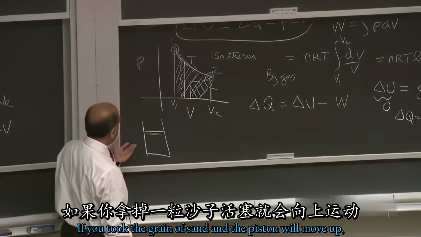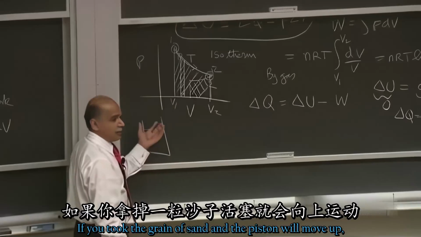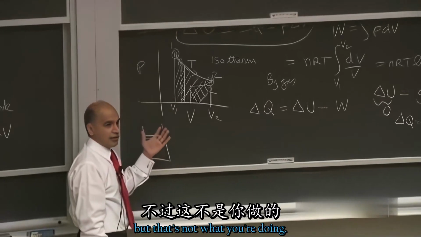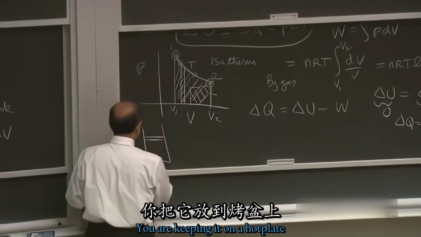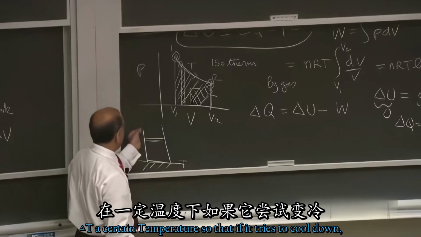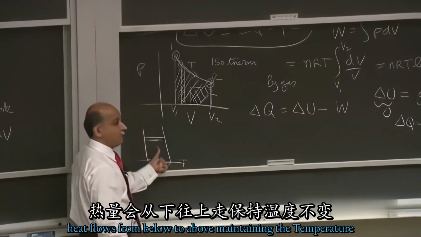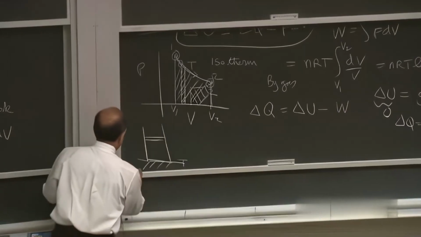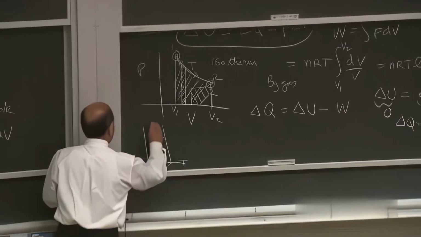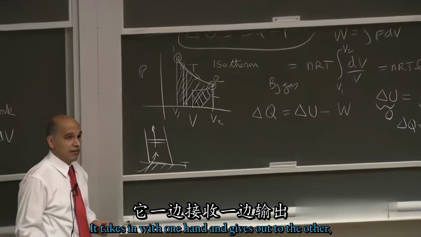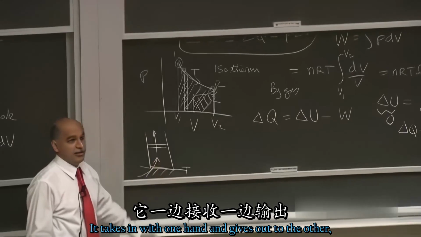If you took the grain of sand, the piston will move up, it will do work and it will cool down. But that's not what you're doing. You are keeping it on a hot plate at a certain temperature so that if it tries to cool down, heat flows from below to above, maintaining the temperature. So what the gas is doing in this case is taking heat energy from below and going there and working against the atmosphere above. It takes in with one hand and gives out with the other without changing its energy.